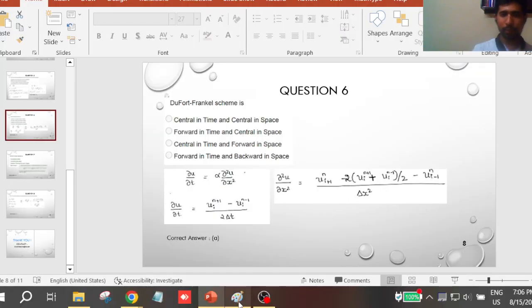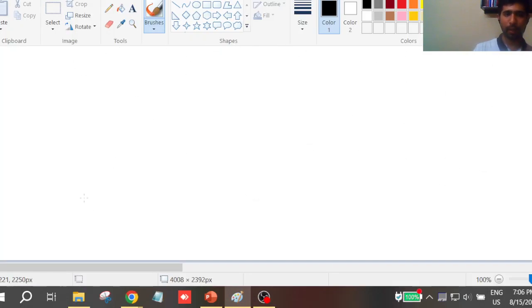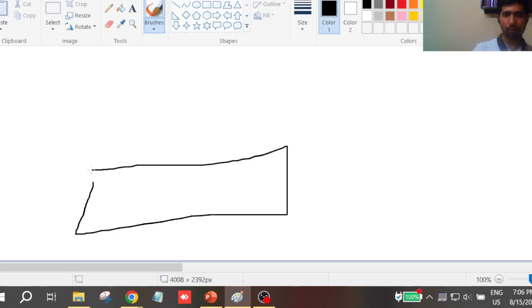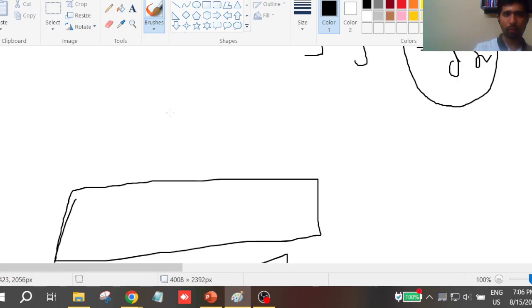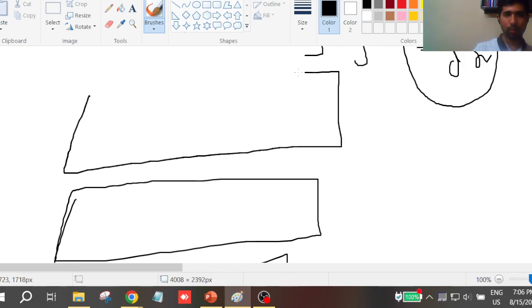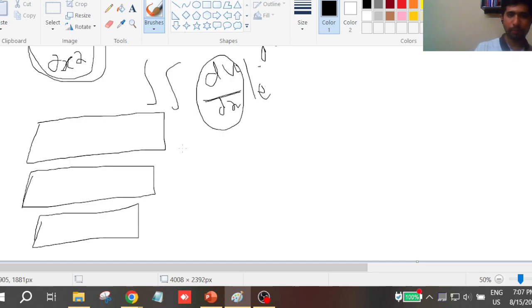Let me make it clear by doing the diagram here again. You have three time levels, corresponding to these three slabs: n plus 1, n, and n minus 1.